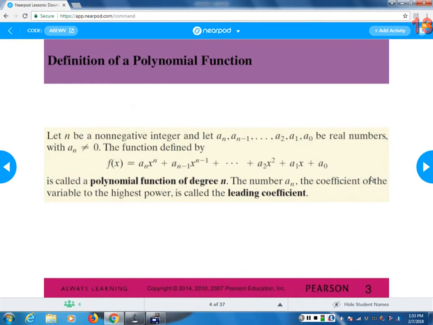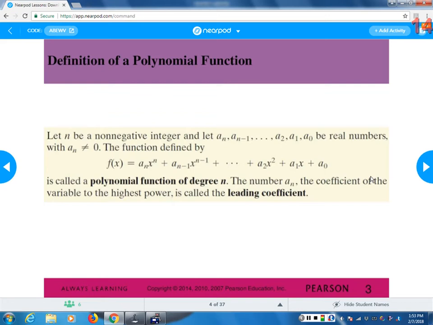Okay, so this is the definition of a polynomial function. We've got n is a non-negative integer. So the integers are dot dot dot minus 3, minus 2, minus 1, 0, 1, 2, dot dot dot.